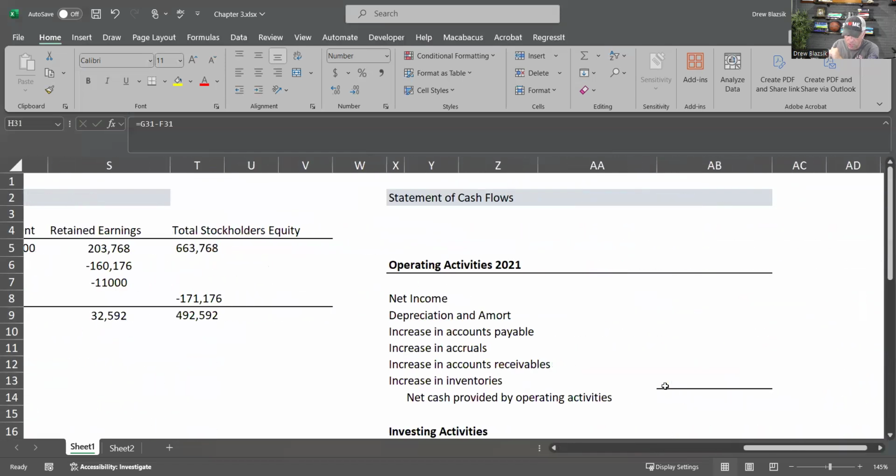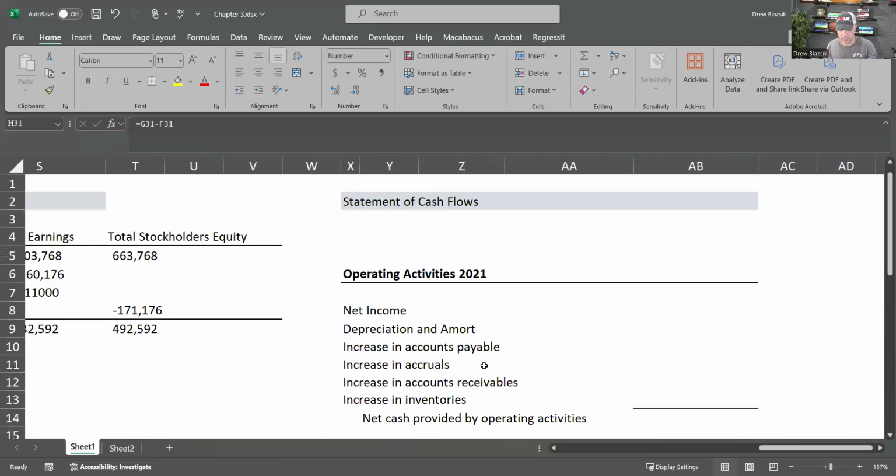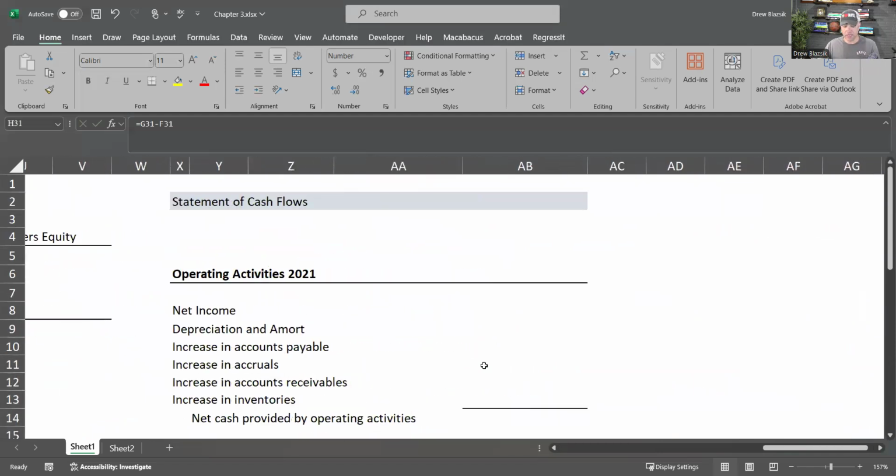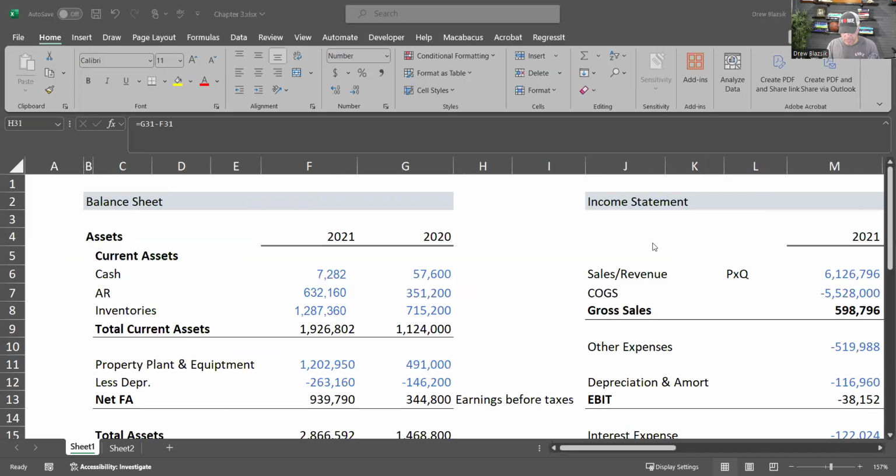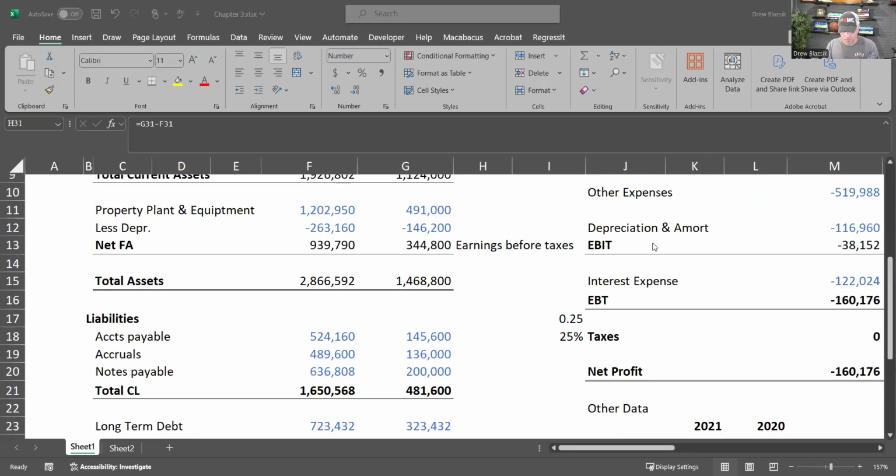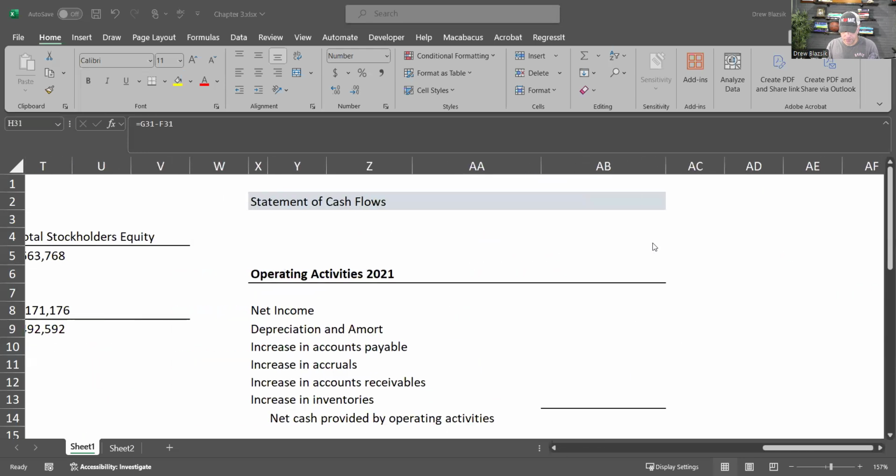And then the last part, spend 5 minutes on it, is our statement of cash flows. All right. So, sorry.